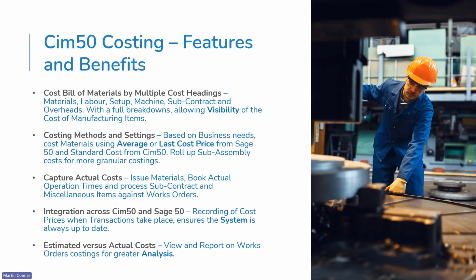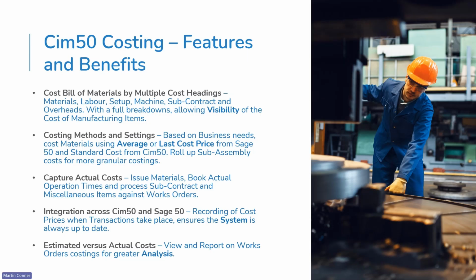So what are the features and benefits of the costing functionality within the Cim50 solution? You have the ability to cost your bills of materials, the items that you manufacture, whether that be finished items, sub-assemblies, or phantoms.